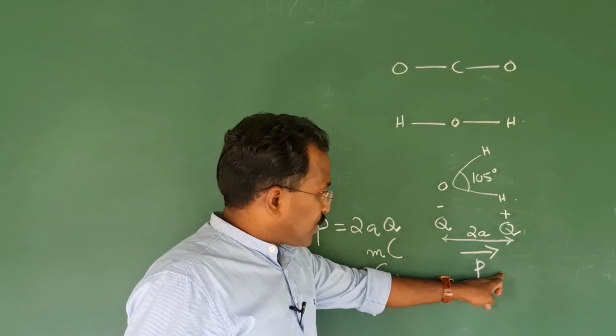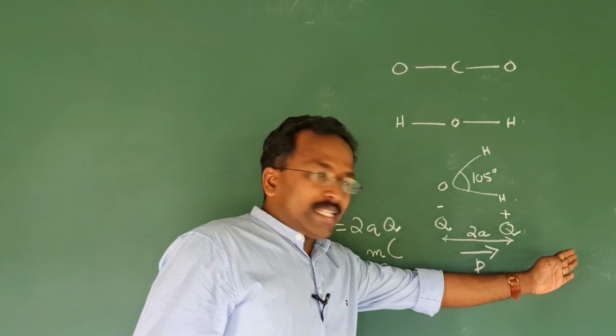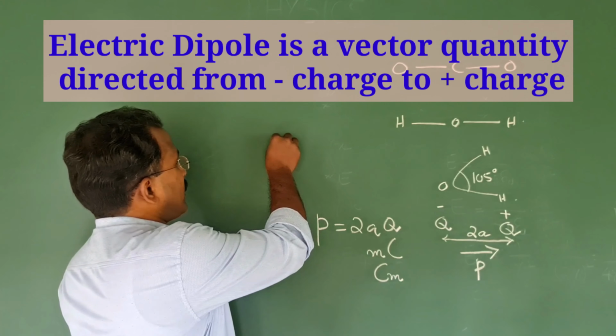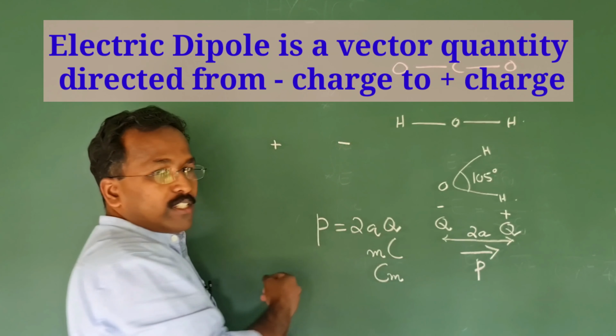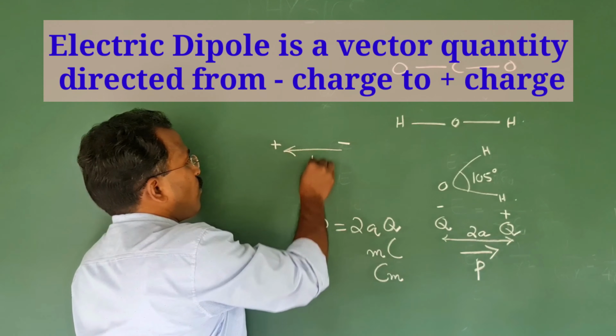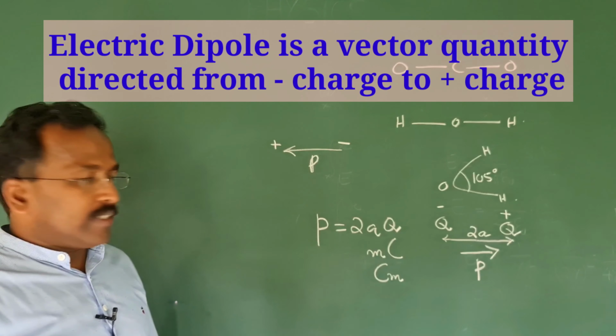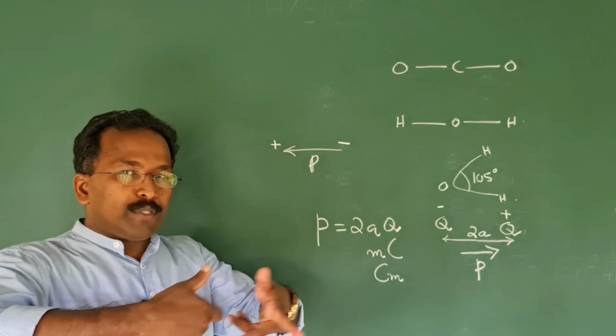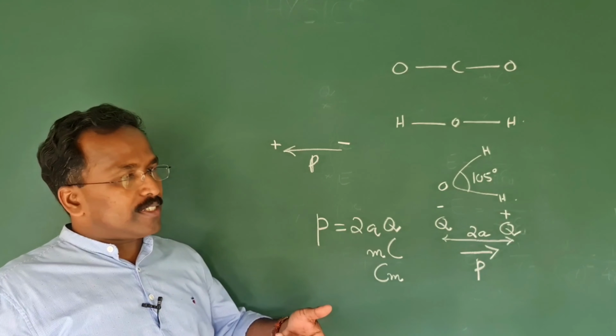This is the direction to that side. If you happen to draw the positive charge on this side and the negative charge on that side, this is the direction of electric dipole moment. The dipole moment direction should also be understood carefully because it comes very often in our discussions.